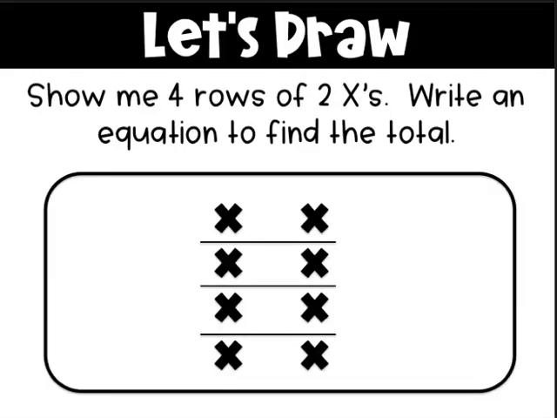All right, here's how your objects should look, remembering that we're using this line to help separate. 1 row of 2, 2 rows of 2, 3 rows of 2, 4 rows of 2 x's. What's your equation? 2 plus 2 plus 2 plus 2 equals 8.